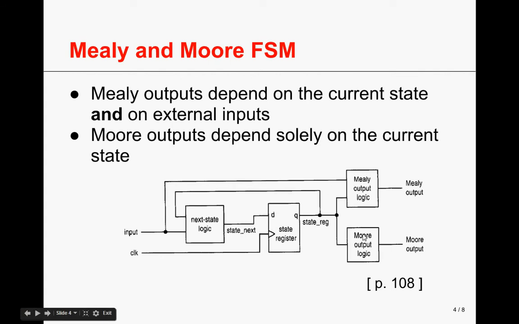This is the difference between Mealy and Moore outputs, and most likely any finite state machine may have outputs of both types. If it just has outputs of one of these types, then we may call it a Moore finite state machine or a Mealy finite state machine.